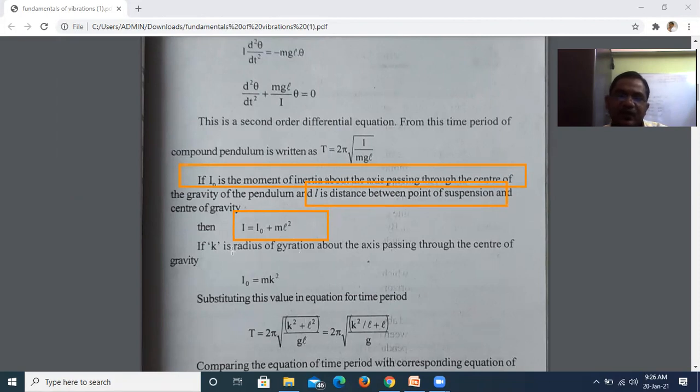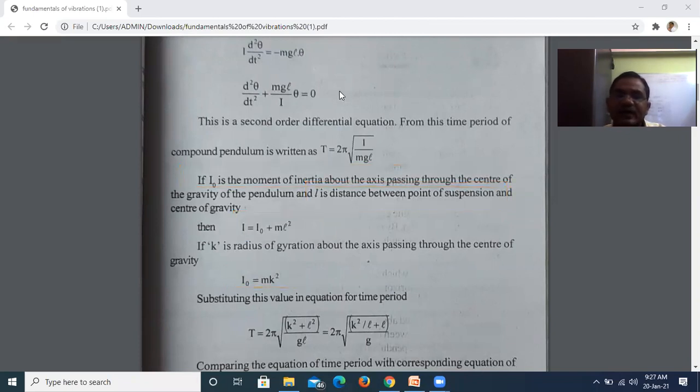If k is the radius of gyration, then I naught equals m into k square. All these basic points you studied in rotational motion in intermediate first year. From the parallel axis theorem, I is equal to I naught plus ml square, where I naught is the moment of inertia about the axis passing through the center of gravity.